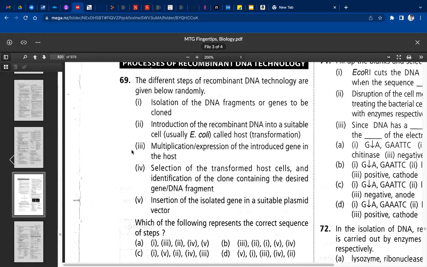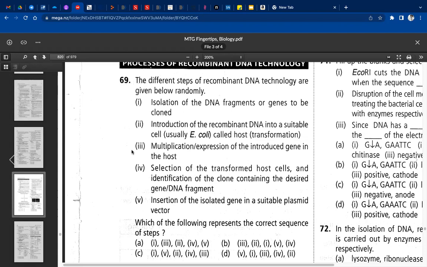The different steps of recombinant DNA technology are given below randomly. First, isolation of the DNA fragments or genes to be cloned. Second, introduction of the recombinant DNA into a suitable cell, usually E. coli, called host. Transformation. Third, multiplication or expression of the introduced gene in the host.